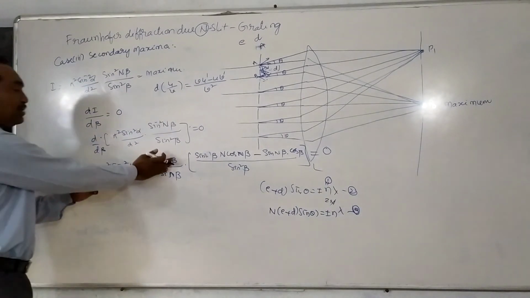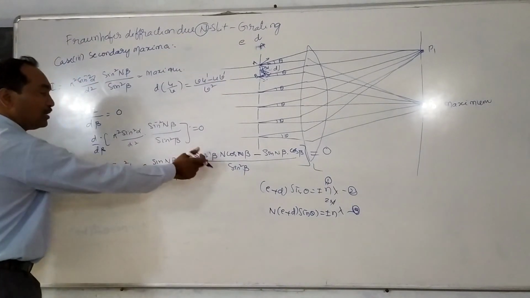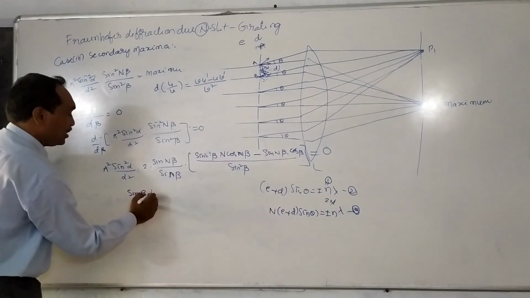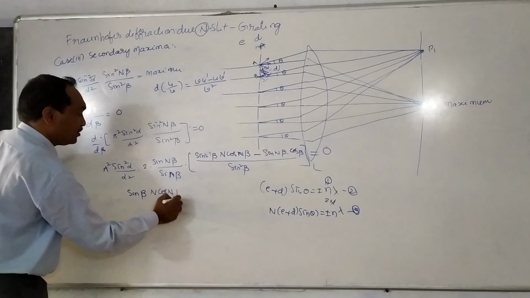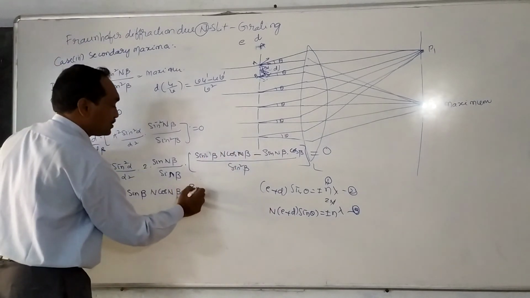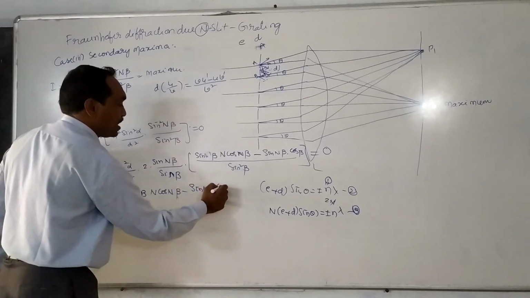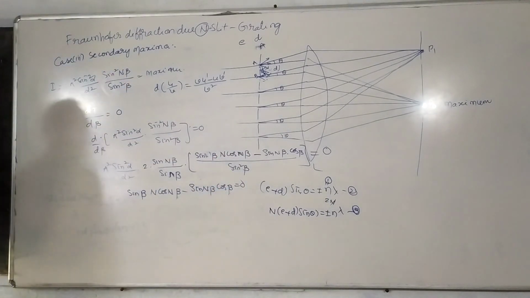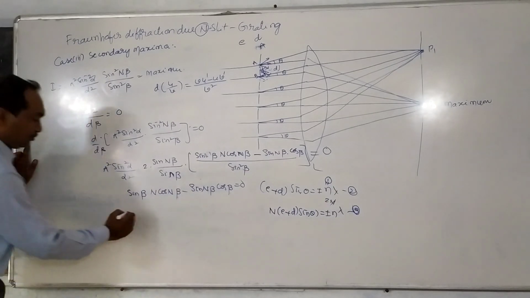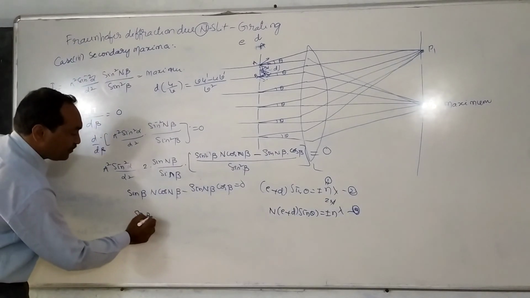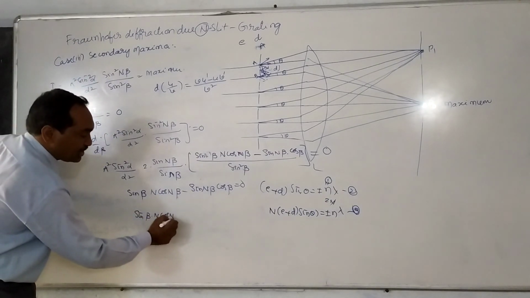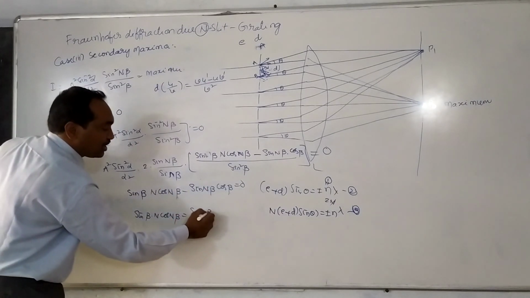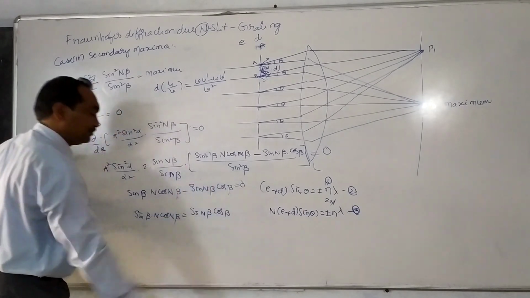Of course, when these terms go outside as 0, then what happens? Sin beta n cos n beta minus sin n beta cos beta is equal to 0. The remaining terms go away. Now, n sin beta cos n beta is equal to sin n beta cos beta.